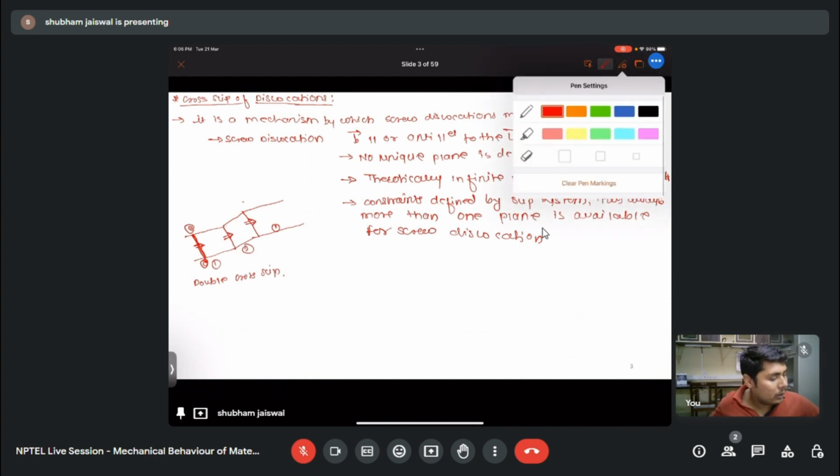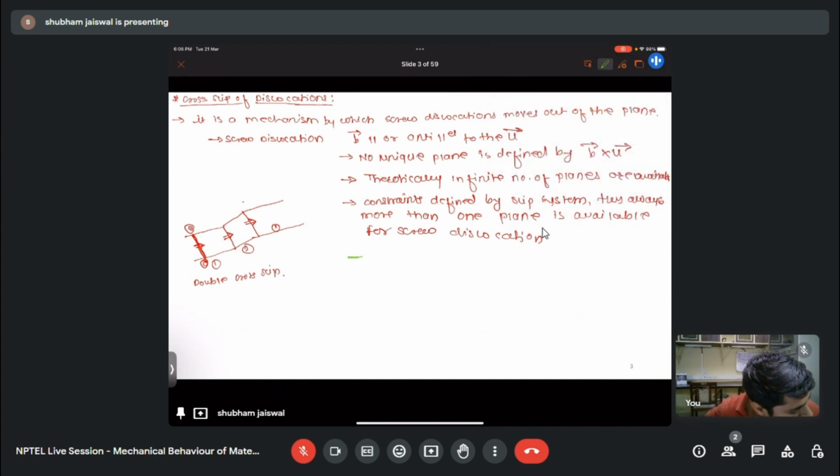So these are the things we have seen in the cross slip of dislocation, the mechanism by which the screw dislocation moves out of the plane. Here we have to remember that cross slip is only for screw dislocations.